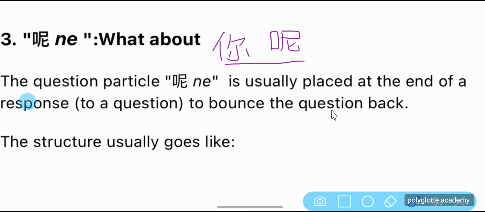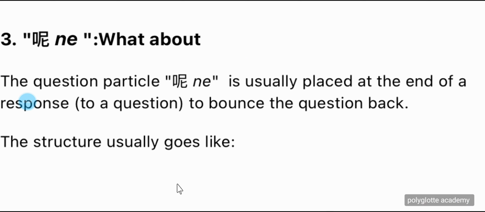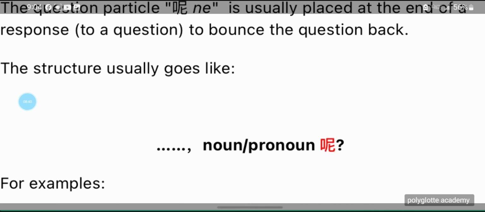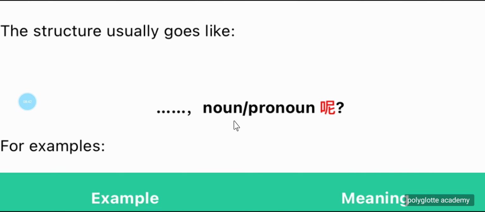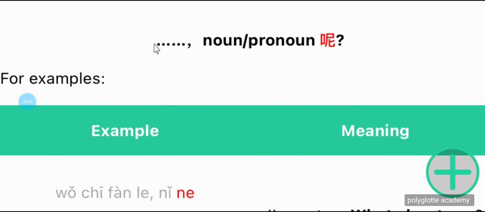What about you? So to bounce the question back. The structure usually goes like: noun or pronoun plus 呢.